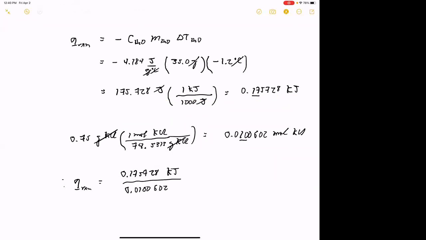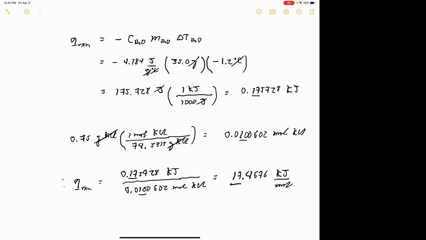Notice I'm keeping all of those digits. I can get my sig figs later. Moles of KCl. So I'm good to 2 sig figs there, 2 sig figs there. So I end up with 17.4676. And that's going to be kilojoules of heat per mole of the KCl, okay? And that's going to be good to 2 sig figs. So I'd actually report that out to 17 kilojoules per mole.